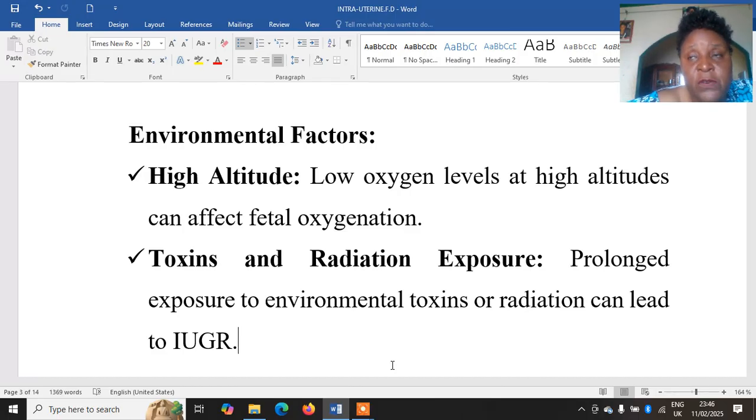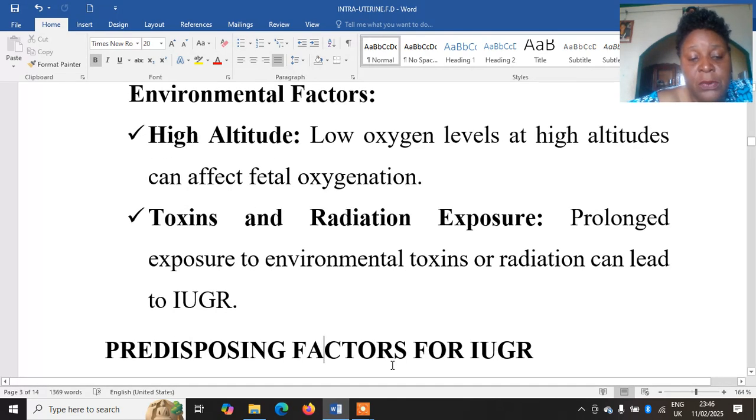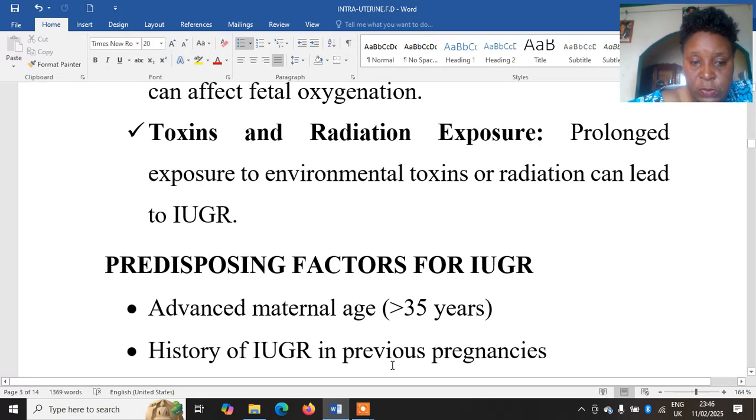There are a lot of drugs they spray on those flowers. So these can all lead to toxins, and in the long run these toxins can lead to intrauterine growth retardation.